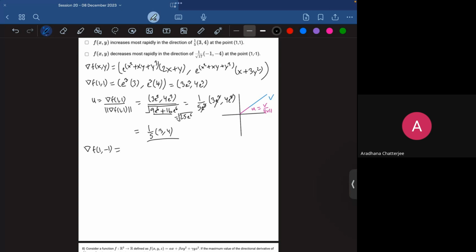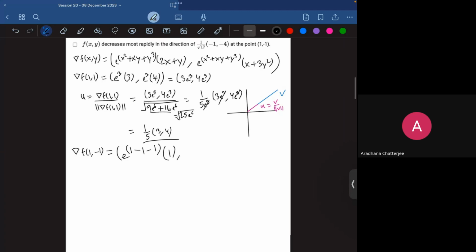Okay. So for (1, -1), the first value is going to become, so we have e raised to x squared, that is just 1, plus xy, minus 1, plus y cubed, so that is minus 1, and then we'll have 2x plus y, so 2x is 2 minus 1, that is just 1.